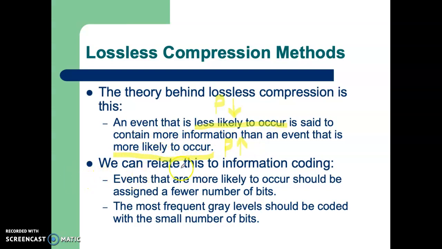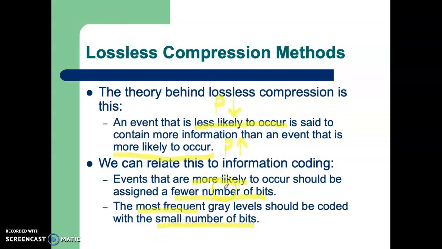So we can relate this to information coding. Events that are more likely to occur should be assigned a few number of bits. More likely, fewer number of bits; most frequent, use a small number of bits.